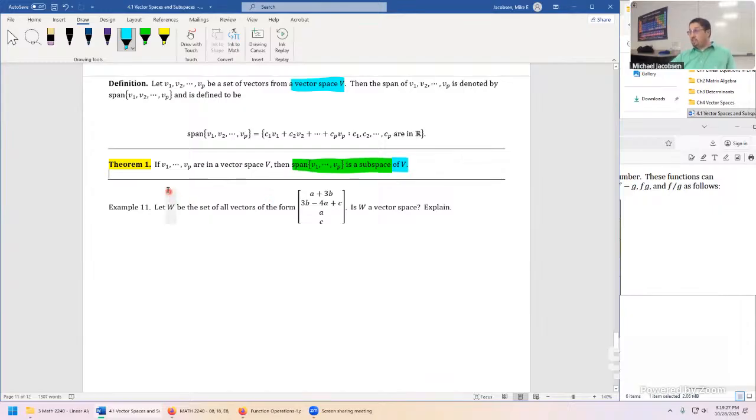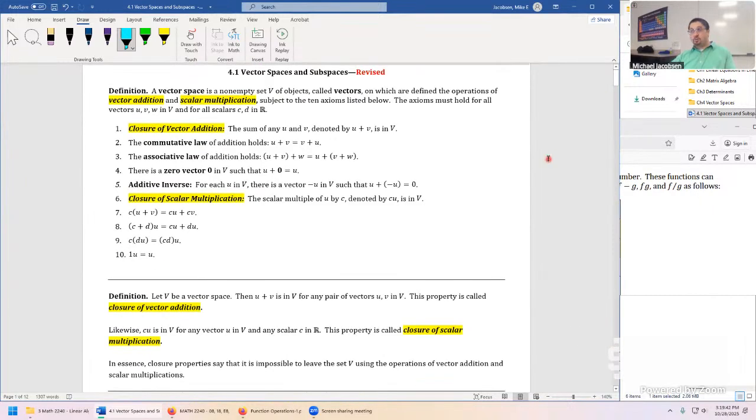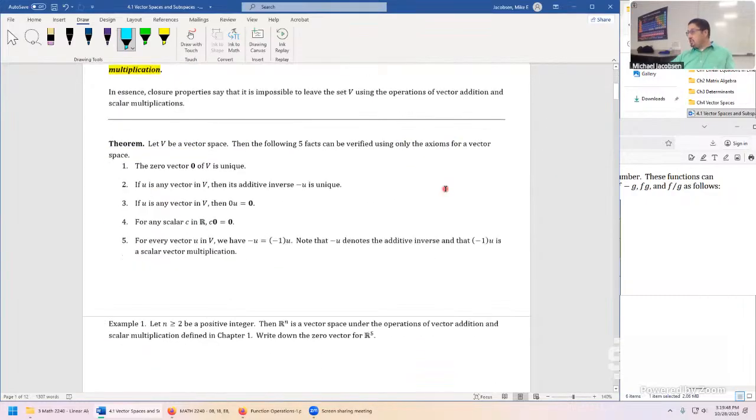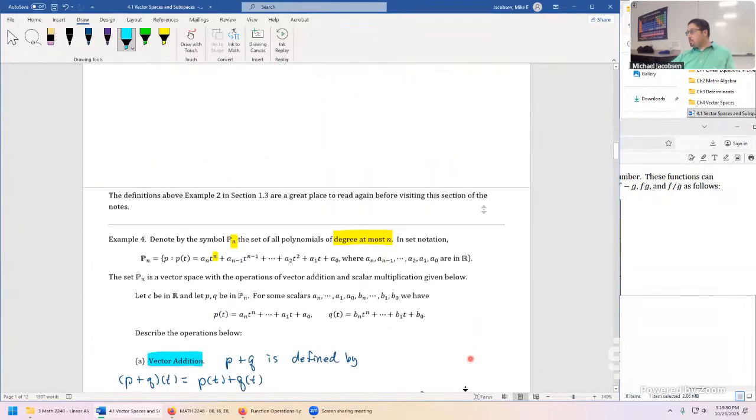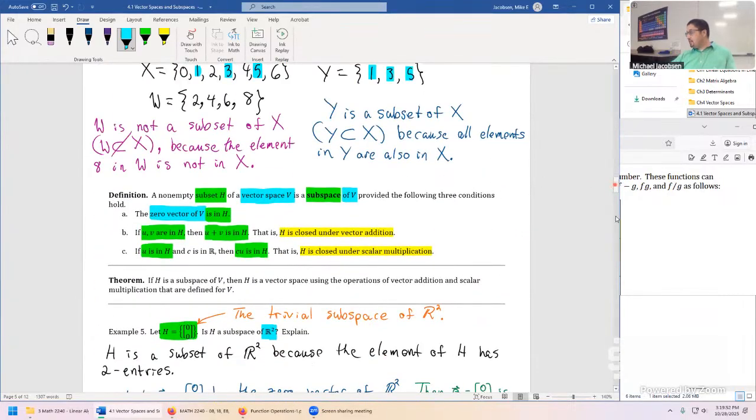That's example 11. W is the set of all vectors of this form. We're returning to something more concrete. This is in R4. We wonder if it's a vector space. Well, we don't actually want to check all of the vector space axioms. That would be a huge undertaking, and it would be pages of work. A better way to tackle this is to think in terms of subspaces instead.